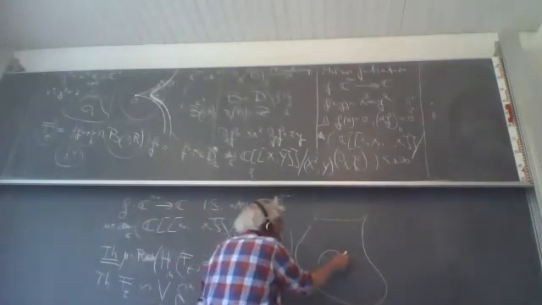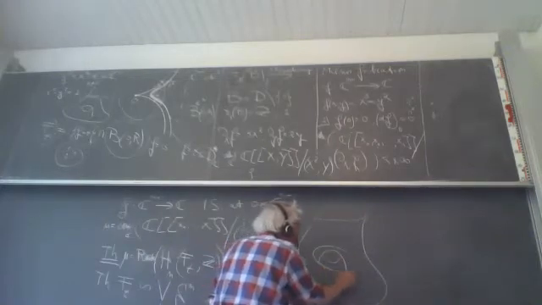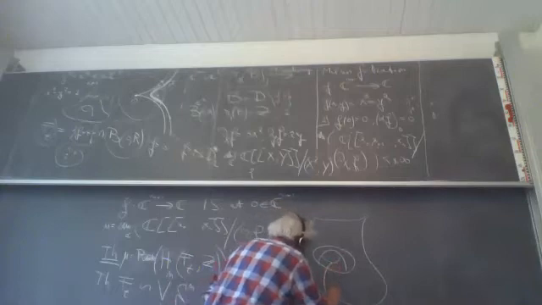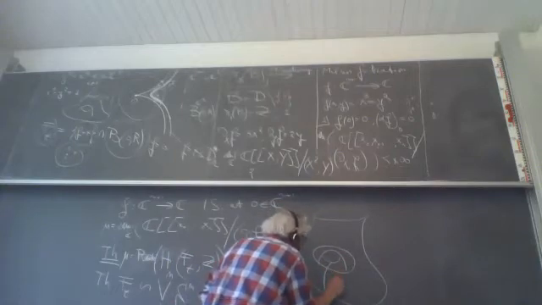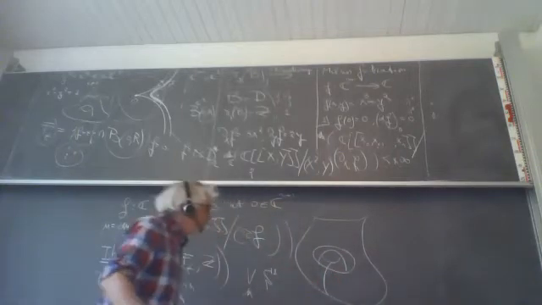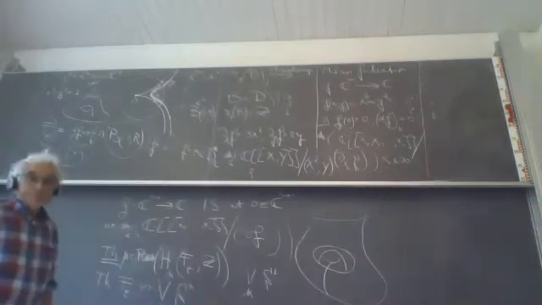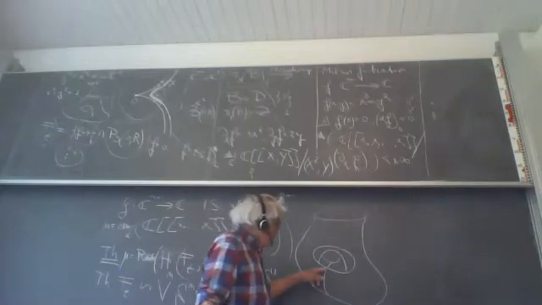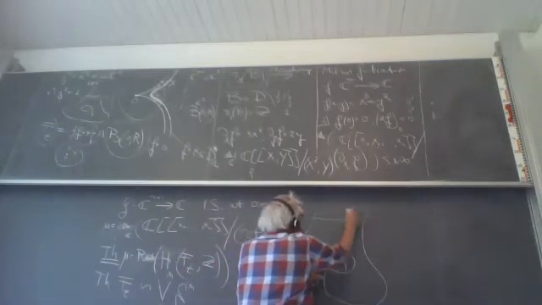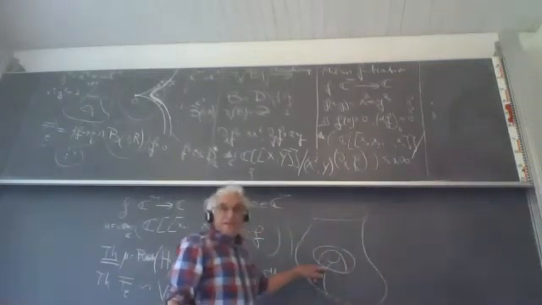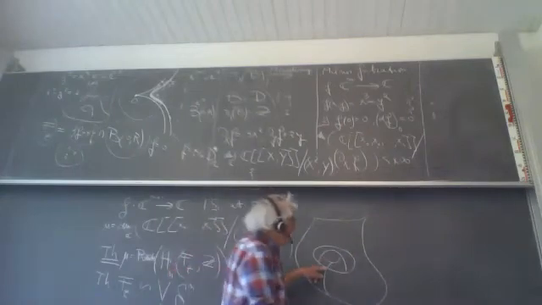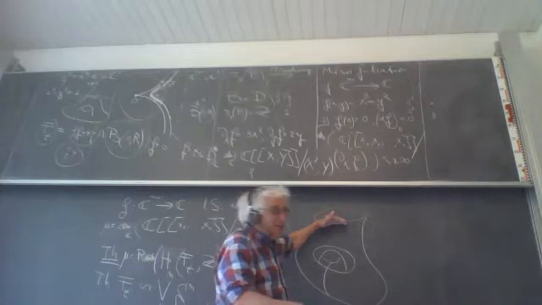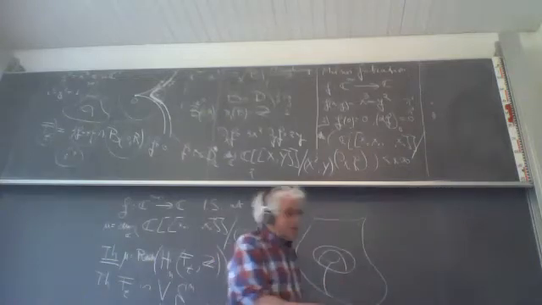So the best way to see this is we draw 2 circles. And we first fill in this disk. So when I take the torus minus the disk and put back the disk, I get what people call a torus.